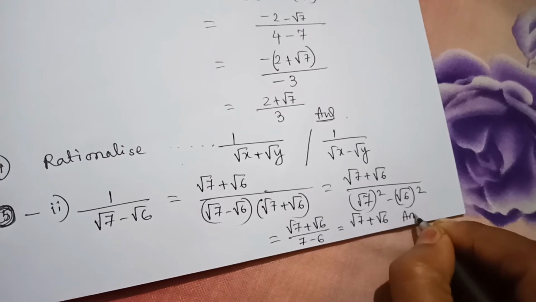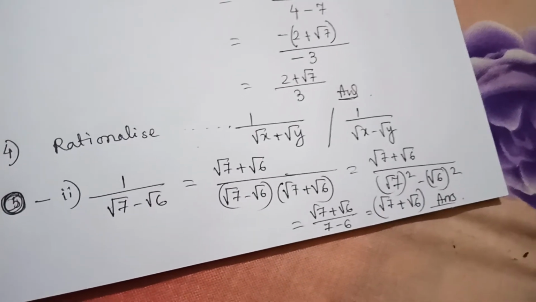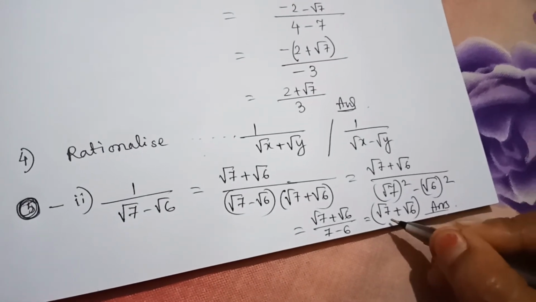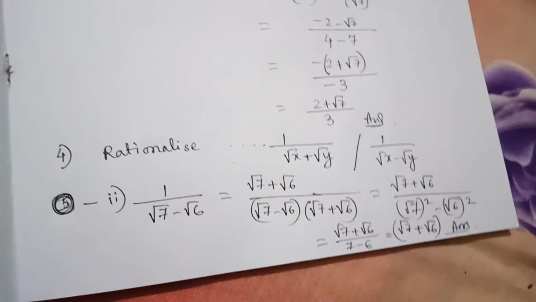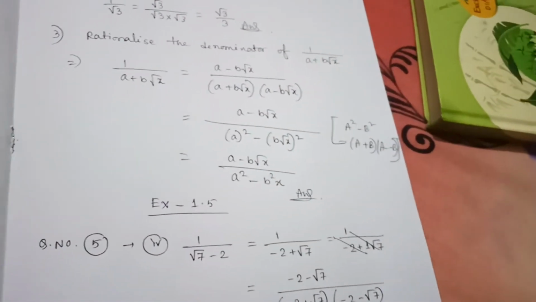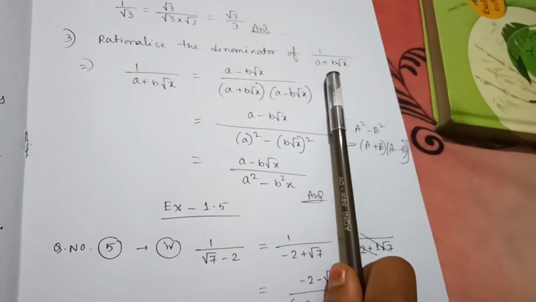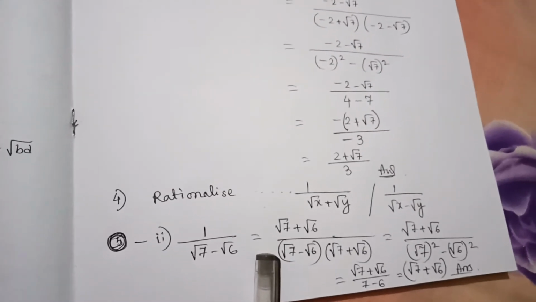There is no benefit of writing 1, so I'm not writing it. So the ultimate answer is root 7 plus root 6. So this is the way of rationalizing the denominator. Now look, this category and this category are there in your syllabus.